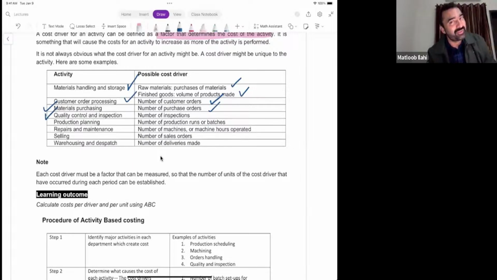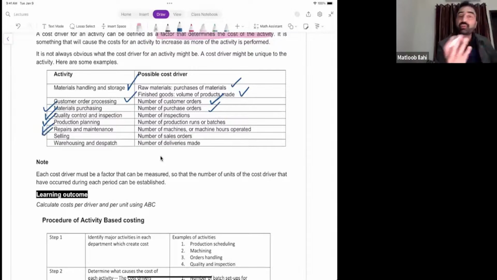Its driver is number of inspections. Very simple. More inspections mean higher quality control and inspection cost. Next, production planning. Number of production runs or batches is a suitable driver for this. Repairs and maintenance: number of machines or machine hours operated. This is a suitable driver. More machine hours, higher repairs and maintenance cost.